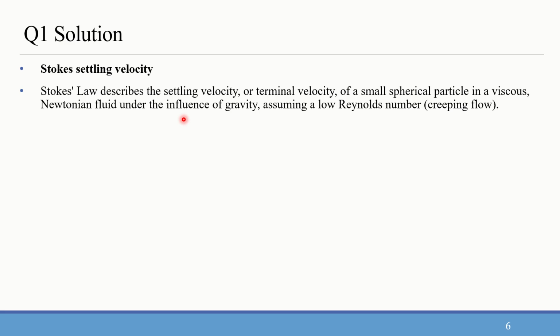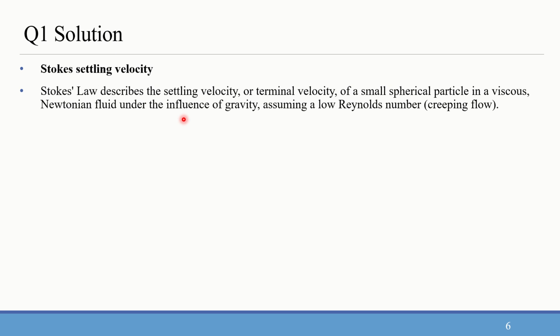Reynolds number is given by rho v dp by mu. So if we have very high viscous effects, we can call it to be under the influence of Stokes regime. If there is a highly viscous dominant force acting on the system, Reynolds number will be low.